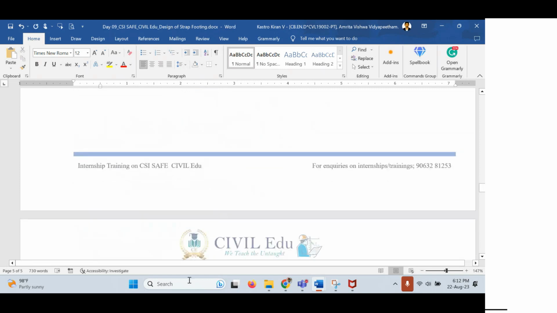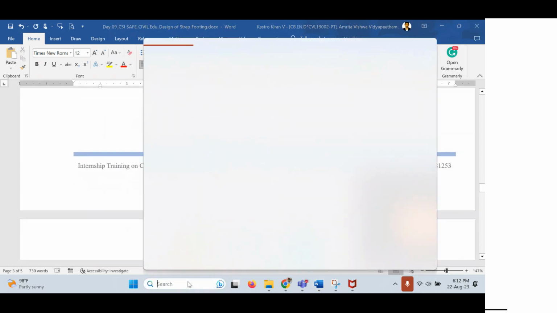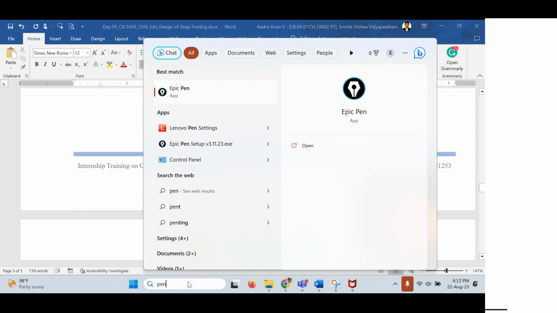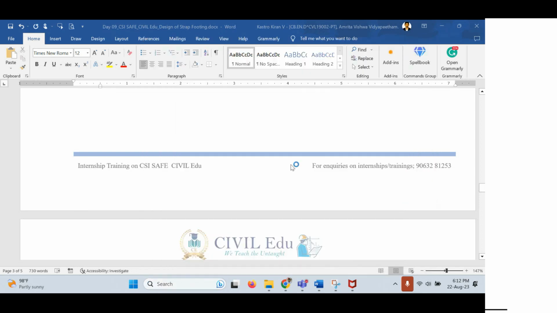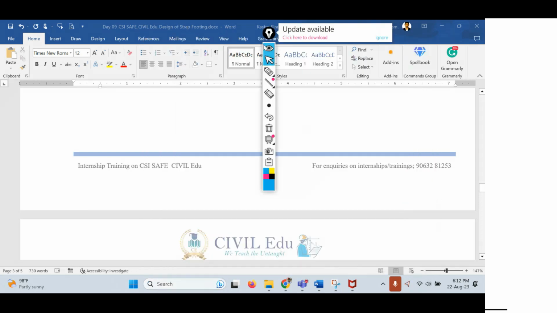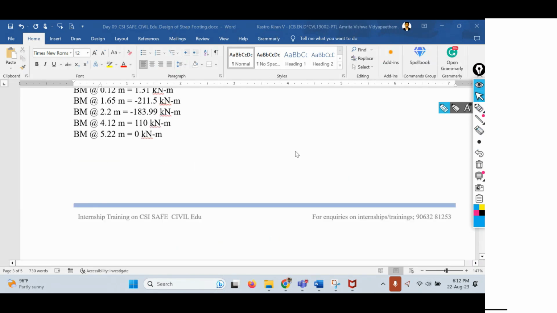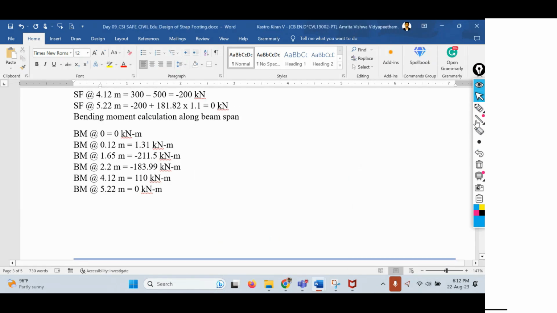If you remember the figure of the bending moment diagram, or the bending moment pattern, just give me a second. I'm just opening it. Right. So if you observe this particular thing, suppose you have the combined footing like this.